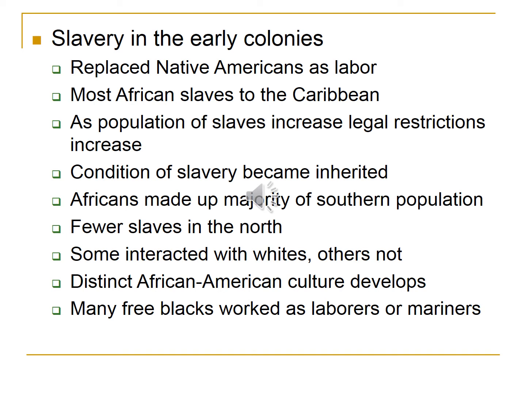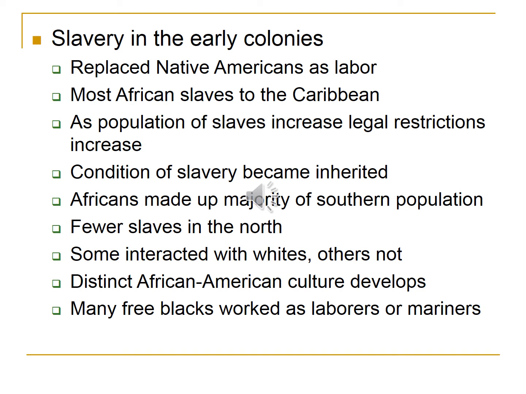But as the population of slaves increased, as I mentioned before, legal restrictions increased, and then maybe the most pivotal moment is that the condition of slavery became inherited, and it followed through the mother. So the condition of the mother became the condition of the child. So if the mother was a slave, the children were slaves, and of course this made sense for the masters, because oftentimes the masters or the members of the master's family were the fathers of the children of the slave women.